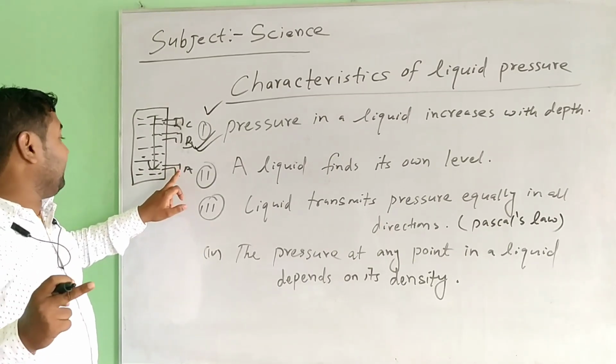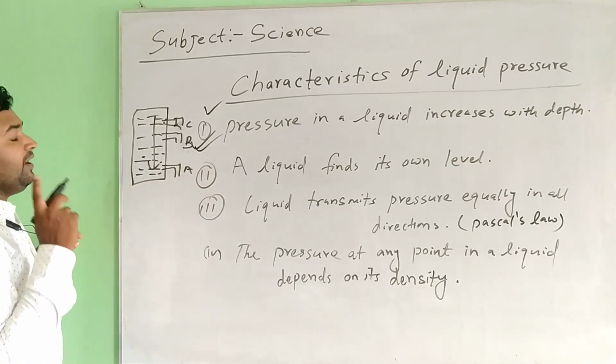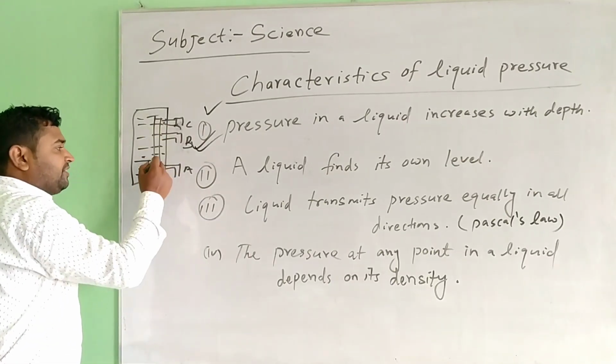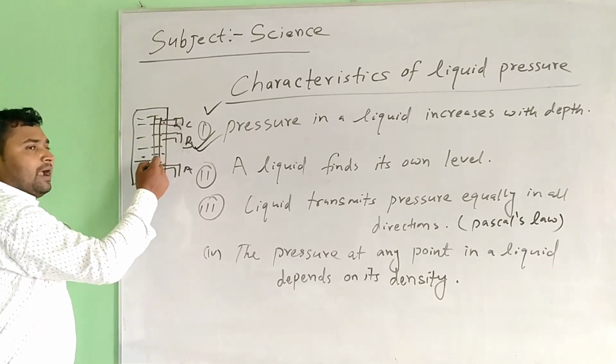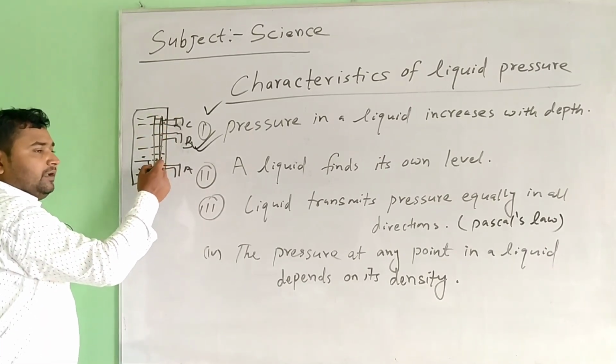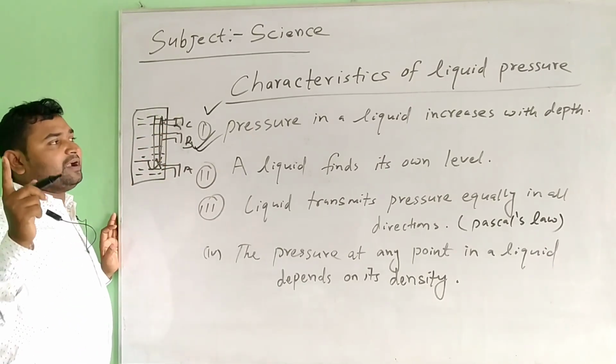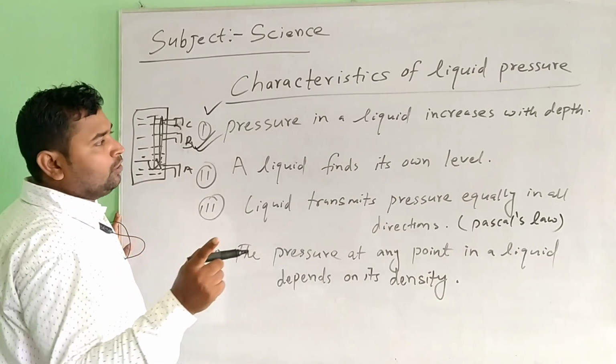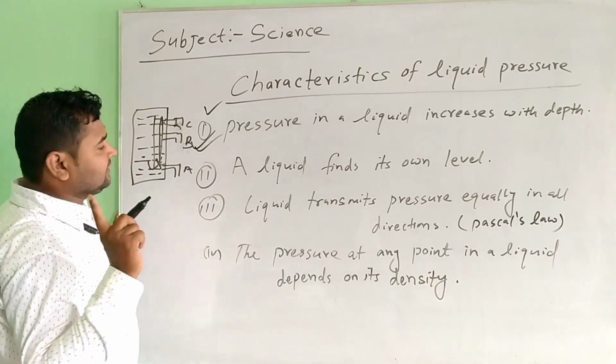Tap A. Why does tap A have more pressure? Because it has more height. It means that liquid pressure depends upon the height.